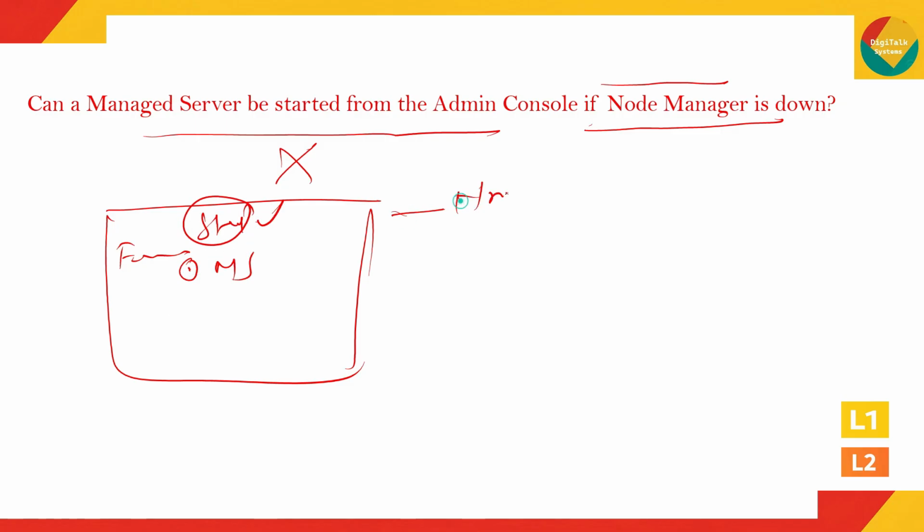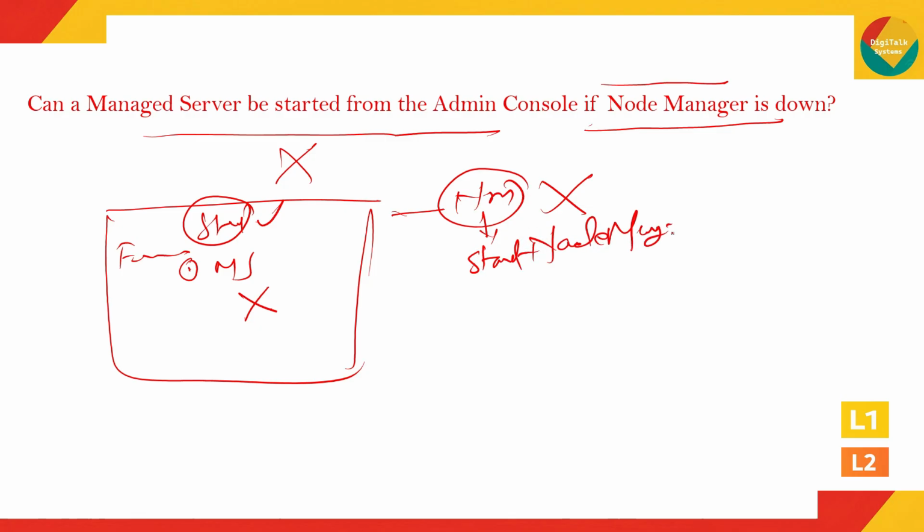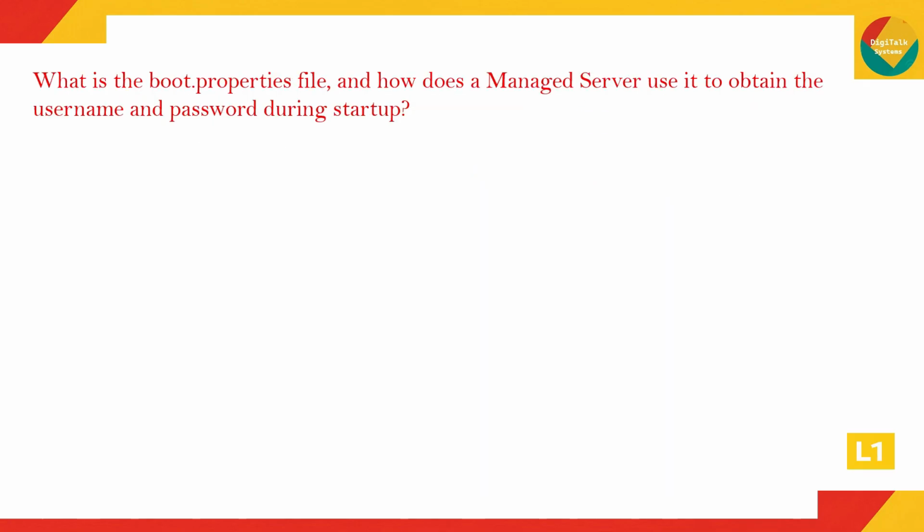If your node manager is not running, then you will not be able to start the managed server. So if you want to start your managed server from the admin console, first you have to start your node manager, using startNodeManager.sh inside the bin folder. Start it and then you will be able to start the managed server from the admin console.